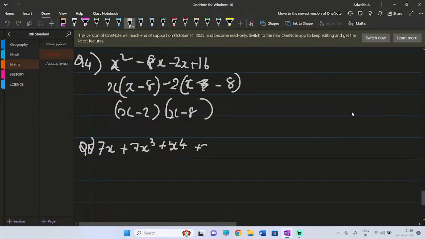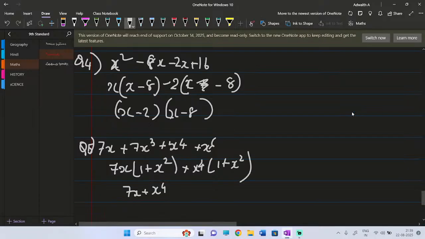This is very simple, okay? Here you can take 7x as common and 1 plus 7, no need, x square plus x. For us x, here the highest is x raised to 4 itself, so we can take that. 1 plus x square, right? We got the common, right? 7x plus x raised to 4, 1 plus x square.